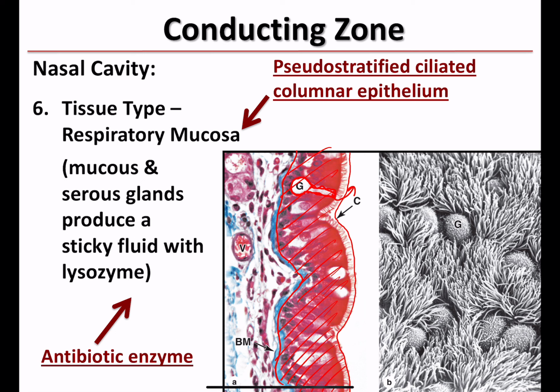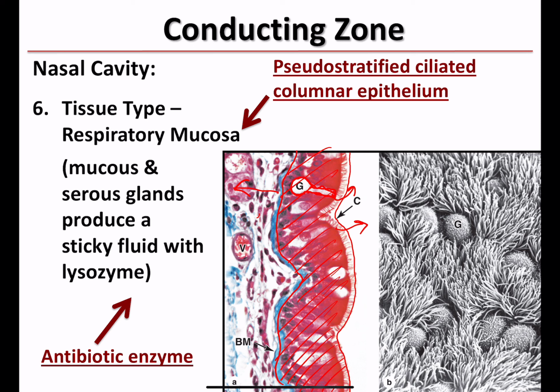And then everything deep to the epithelium is going to be the connective tissue basement membrane. So again, it's here in this connective tissue basement membrane that we have lots of what are known as seromucous glands, which secrete both serous fluid and mucus, which is ultimately ejected through ducts out onto the surface of this epithelium.